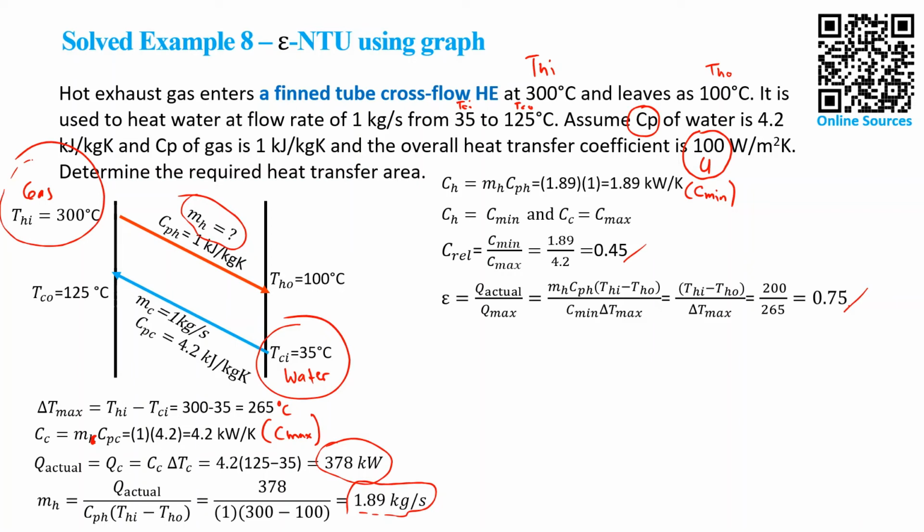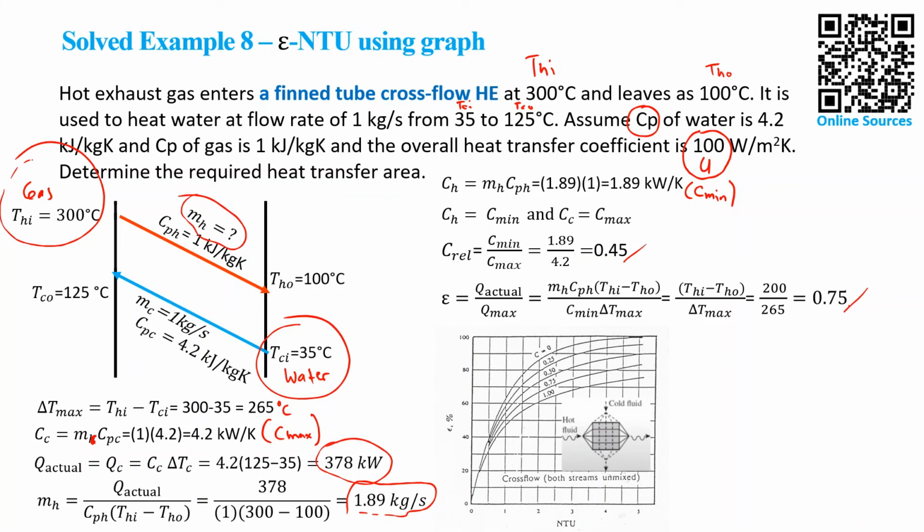This is a fin tube crossflow heat exchanger, so I have here a fin tube crossflow heat exchanger graph. We know the C relative value is 0.45, so it's something between this line and this line. And we know the epsilon is 0.75, so somewhere here.